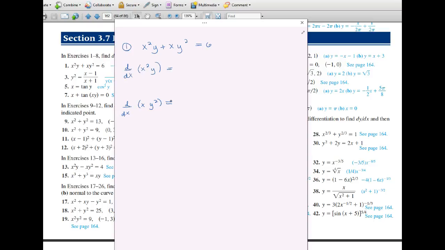Okay, so let's do the derivative of x squared. 2x. We're going to keep the second part the same, which is the y. Plus, now we're going to leave the x squared times, what's the derivative of y? It's dy dx.